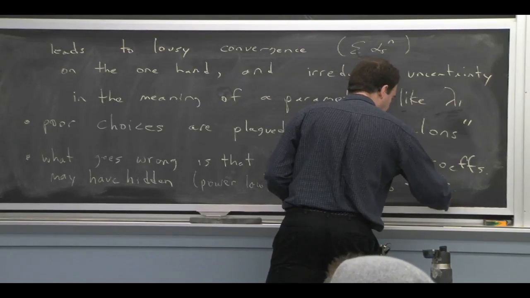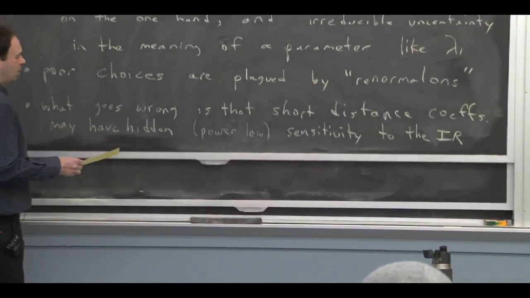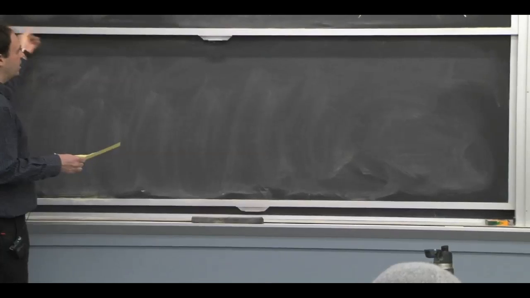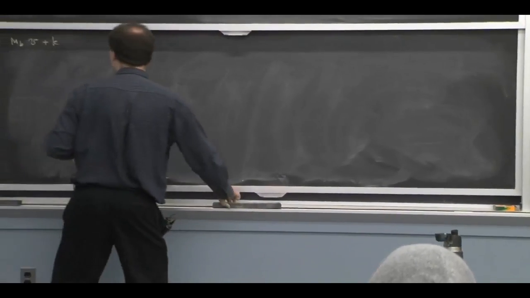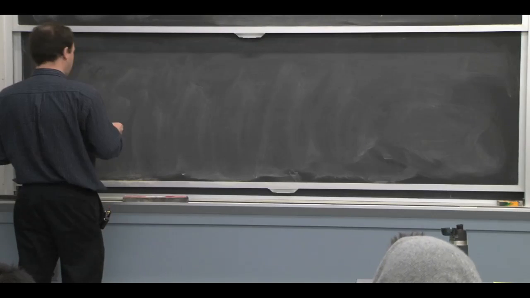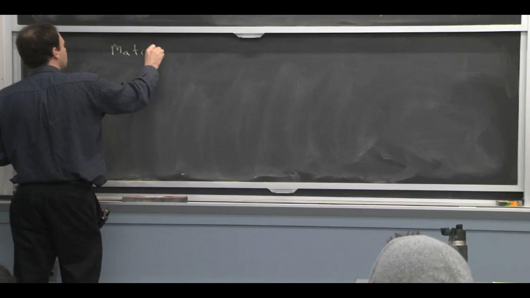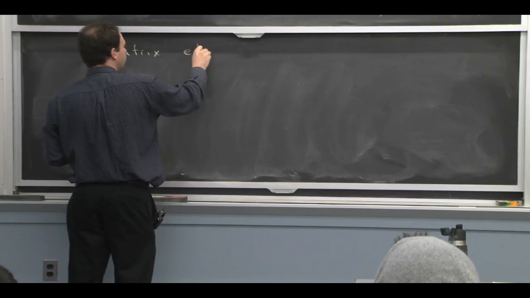You wanted these to be UV things, but they're sensitive to the IR. And it comes in dimensional regularization in the powers. We've been very careful about separating out logarithms, but we weren't as careful about powers, and it comes back to haunt us if we look carefully at the theory.